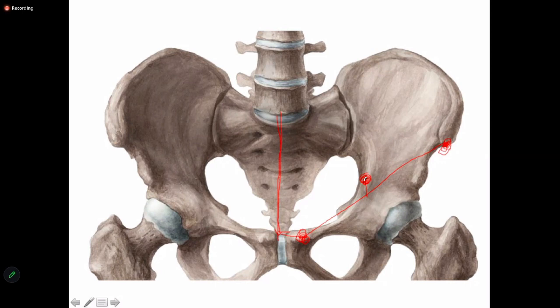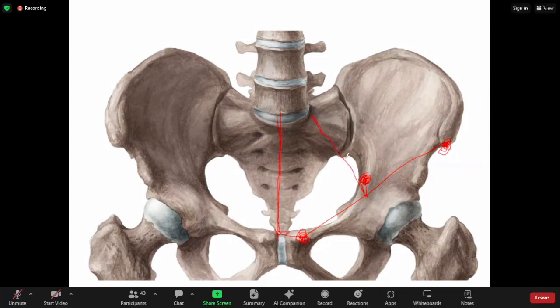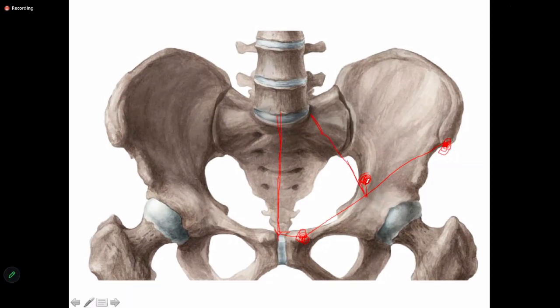Just medial to the deep ring, what is there? Any blood vessel? What is the blood vessel going like that up? The inferior epigastric artery. So indirect hernias occur just lateral to the inferior epigastric artery. Here you have another muscle which prevents direct hernia. What is that? Your six-pack muscle, the rectus abdominis.